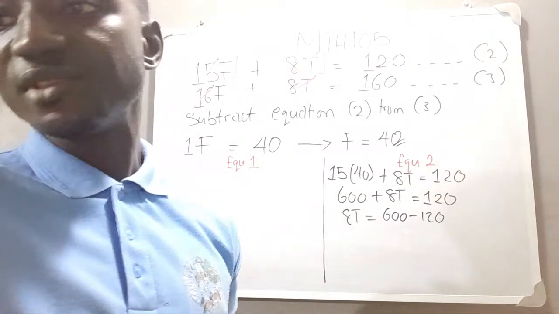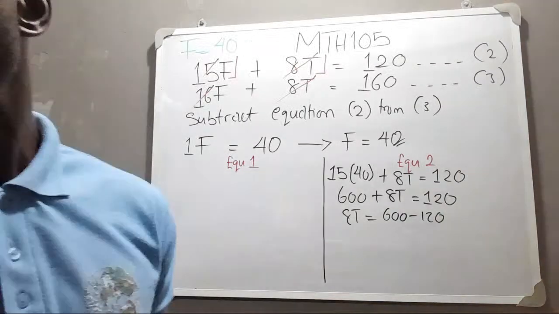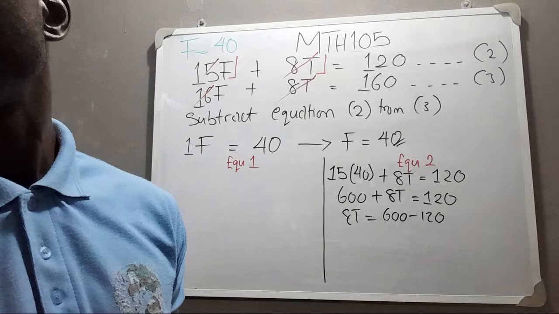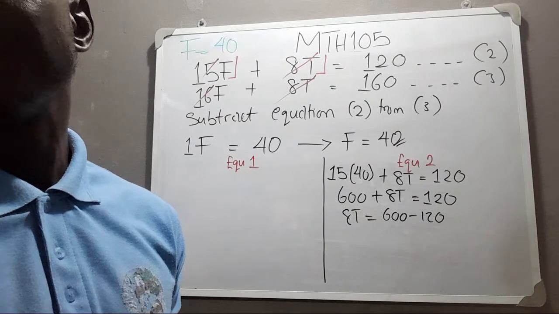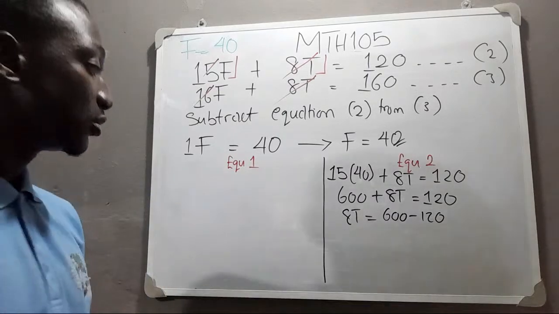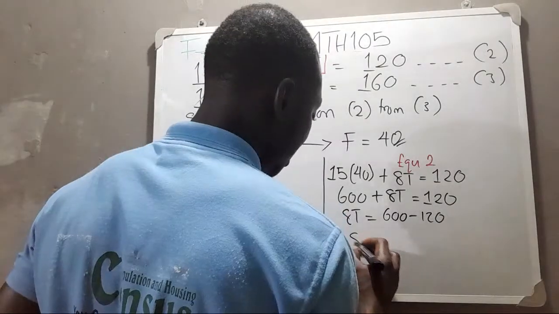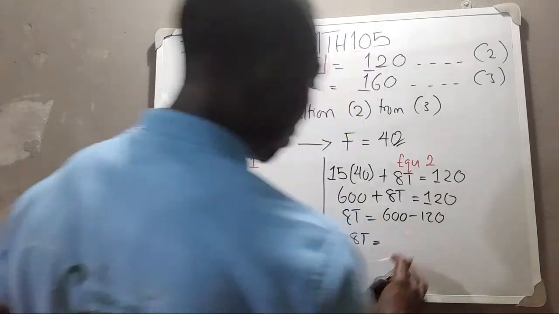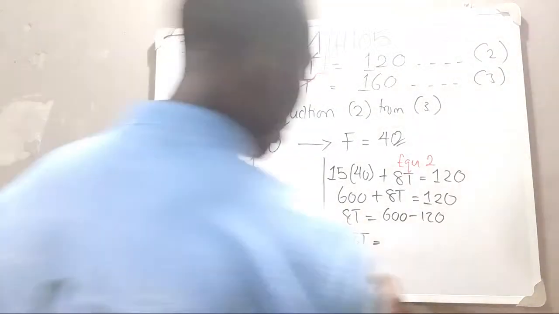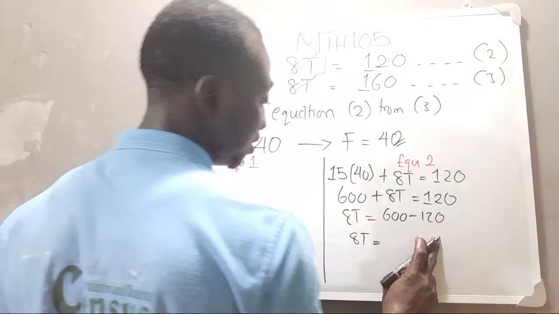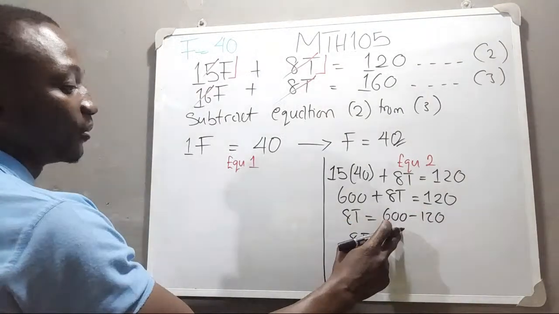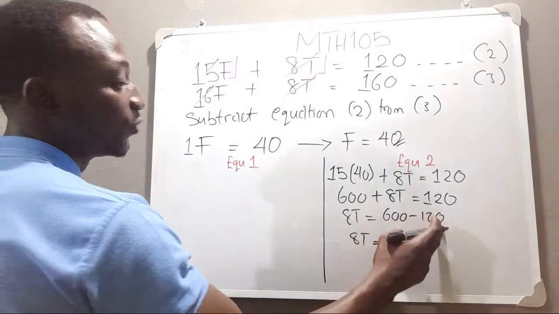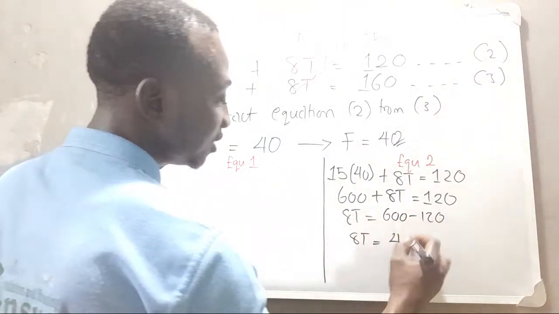Hope we understand up to this level. So we can say 8t equals 600 minus 120. If we remove 100, that should be 500. When you remove 20 from 500, you should be left with 480.